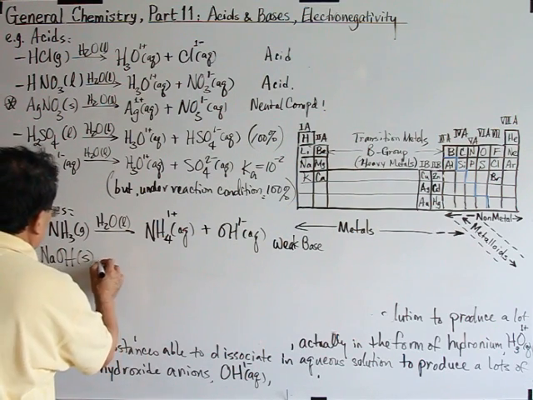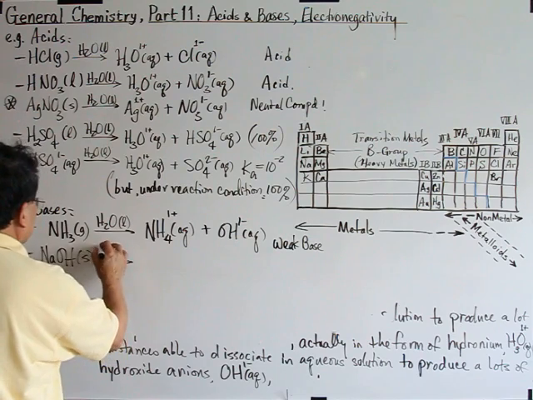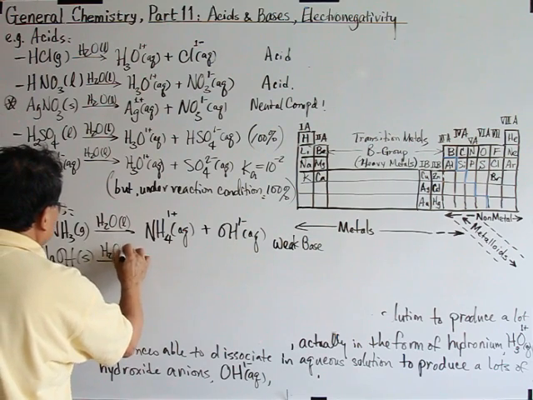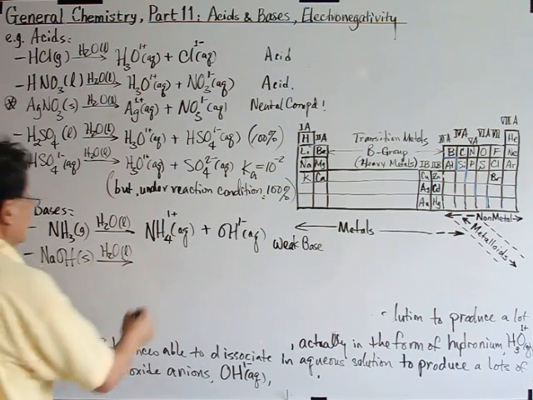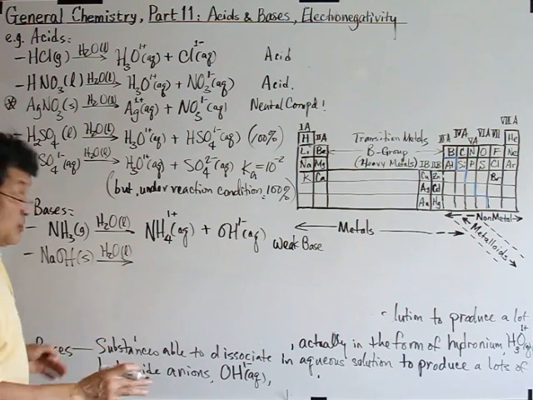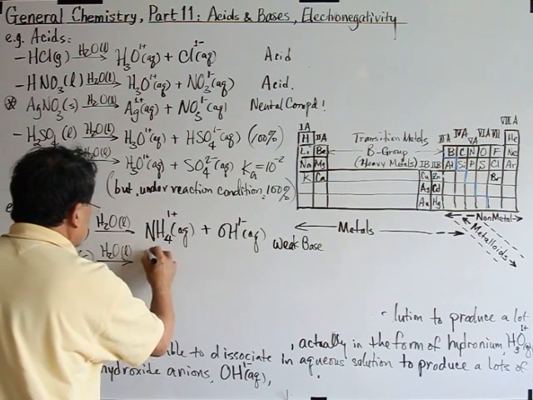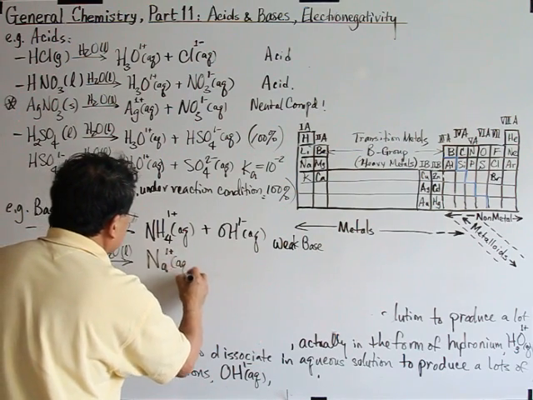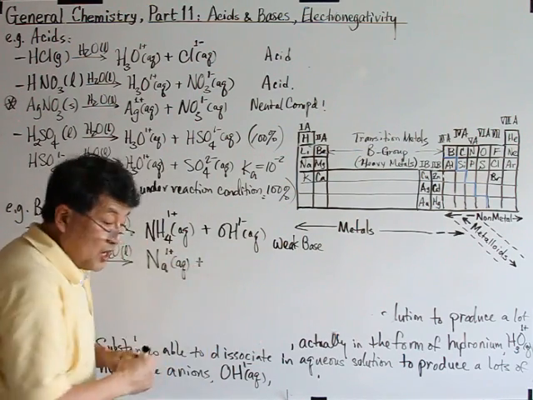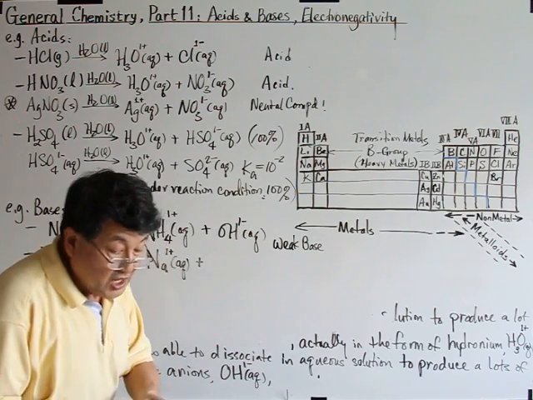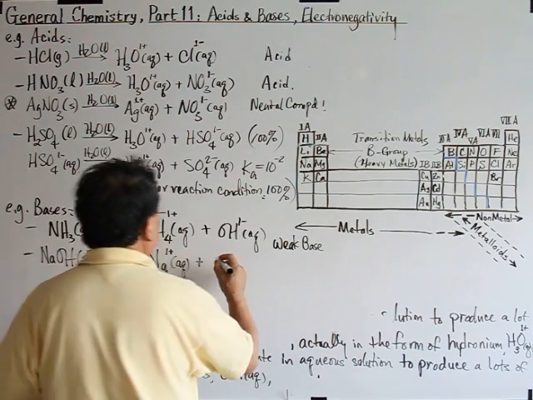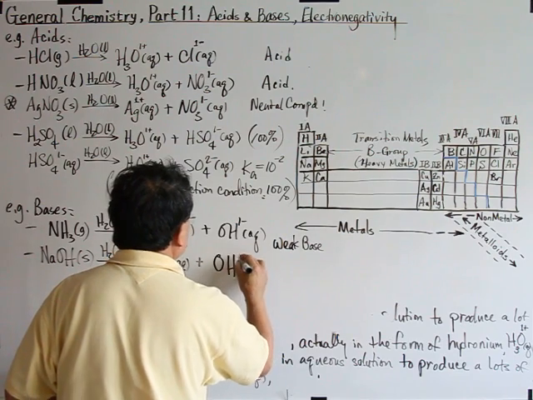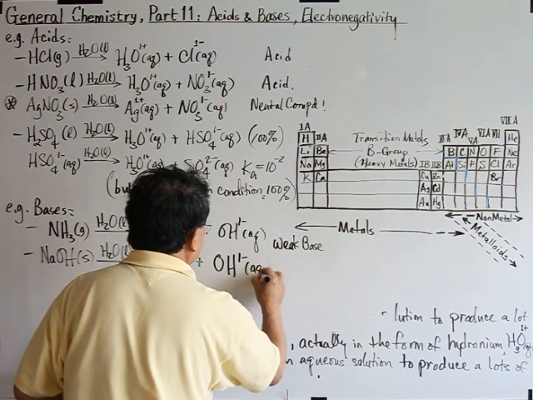If you drop this into water as the solvent, it dissociates in water. So you have sodium 1+ aqueous cation in the solution, plus the hydroxide, OH 1 minus aqueous, because it is in water solution.